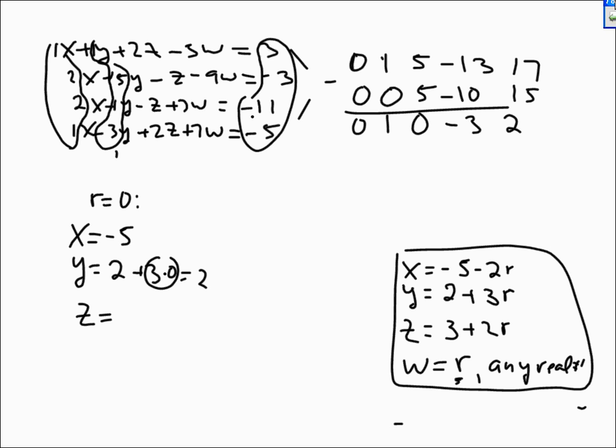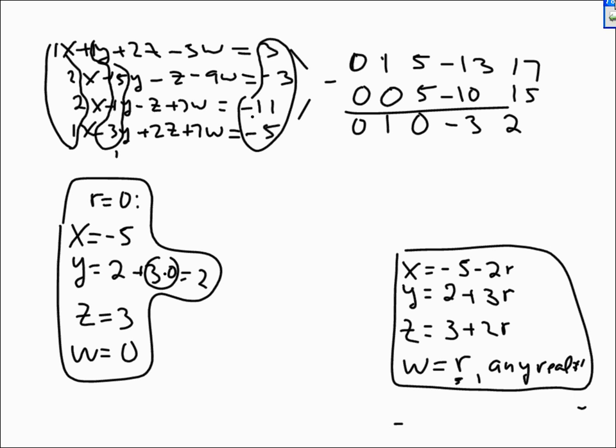Z would be 3 plus 2 zeros. And W is R, which is 0. Here is what's called a particular solution. When x is negative 5, y is 2, z is 3, w is 0, it will satisfy all 4 equations.